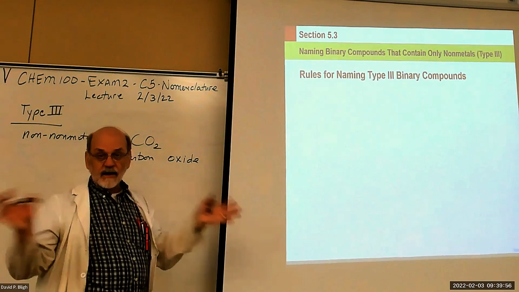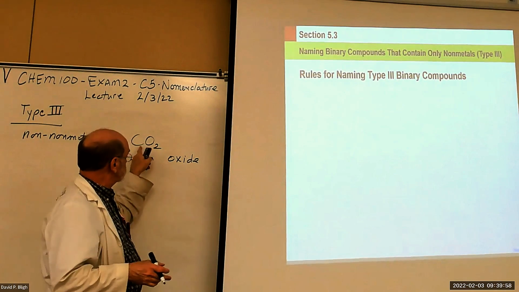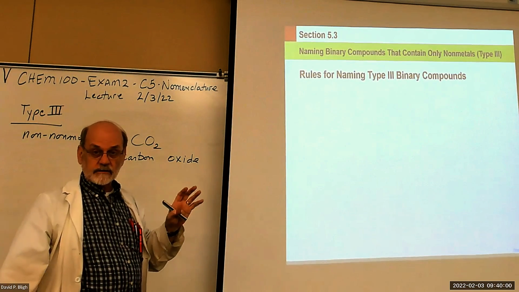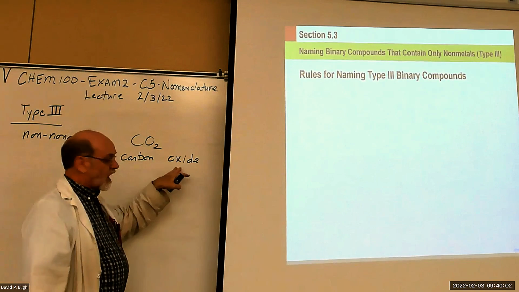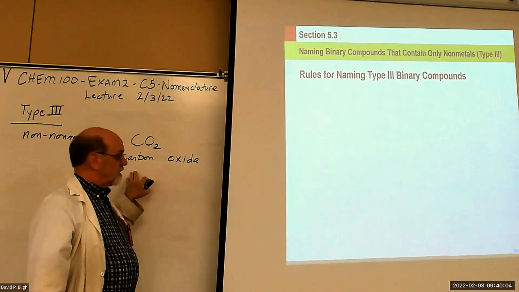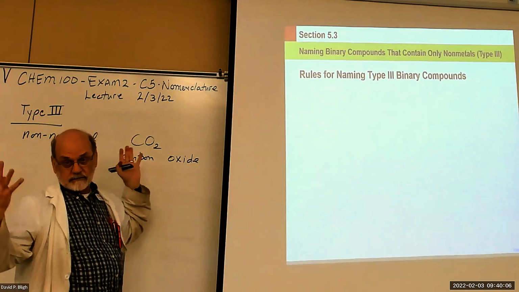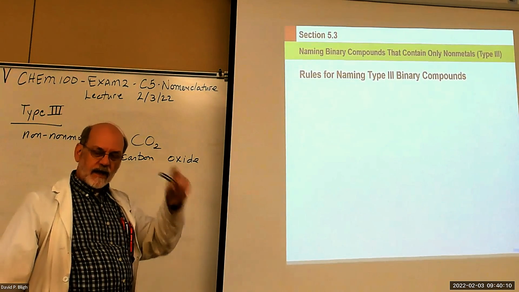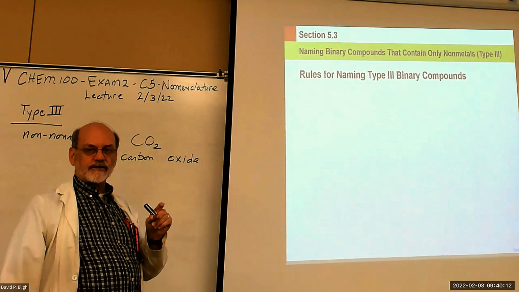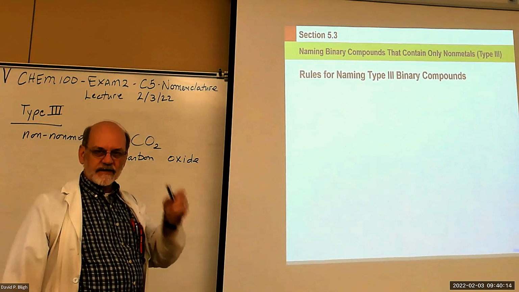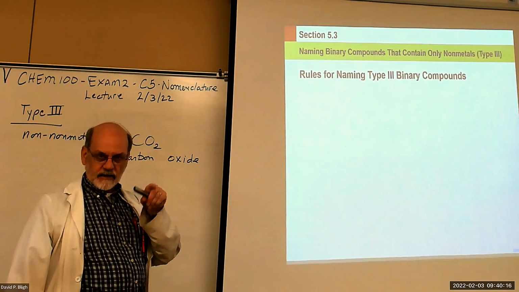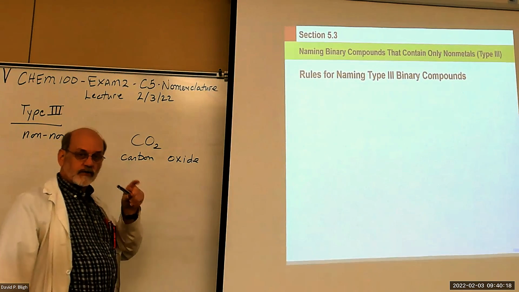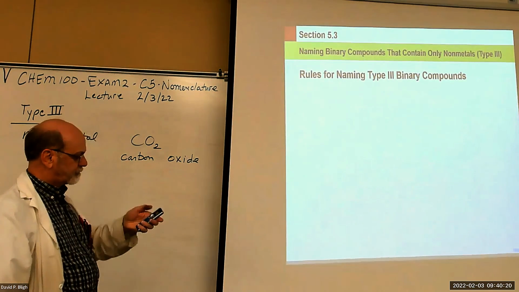Carbon oxide doesn't tell us enough information to say CO2. Oxide might be 2-, but what's carbon? We don't know. So for non-metals and non-metals, type 3 compounds, we say how many of each one are in the compound, and we use prefixes.